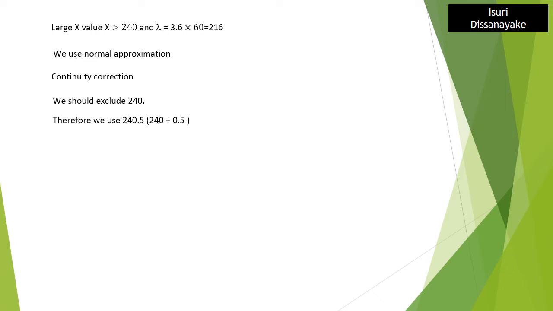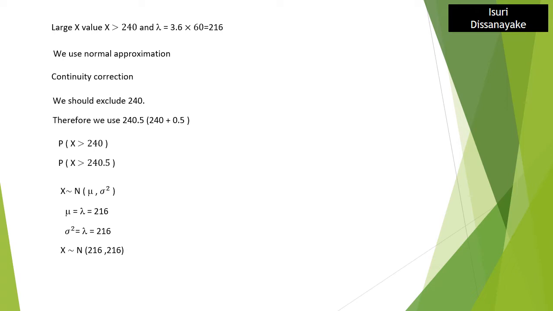Therefore, we are going to find the probability of X being greater than 240.5. Since we are using normal distribution, we have to write the parameters of the normal distribution, which is X normally distributed with mu comma sigma squared, where mu and sigma squared are the two parameters of the normal distribution.